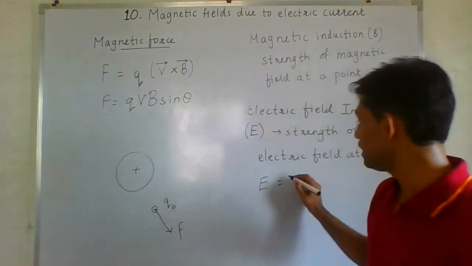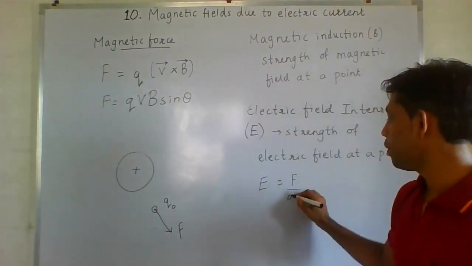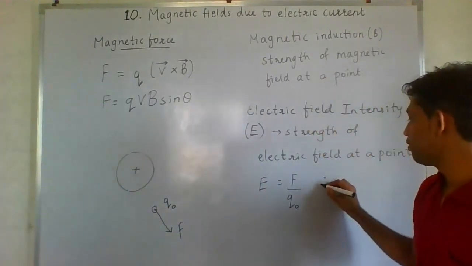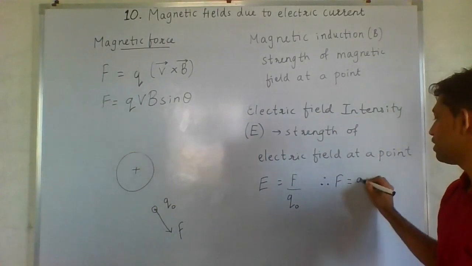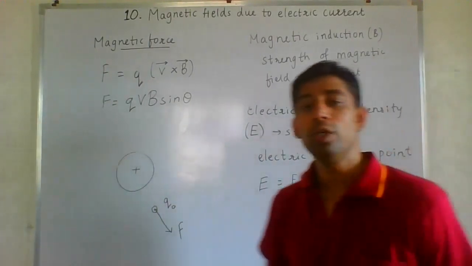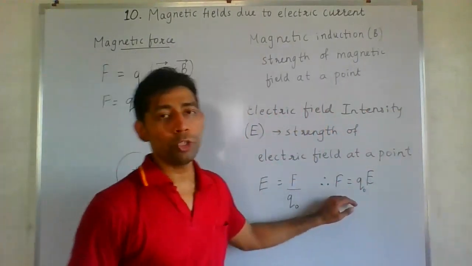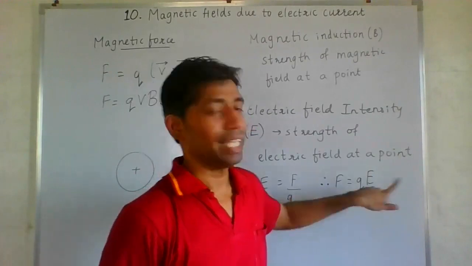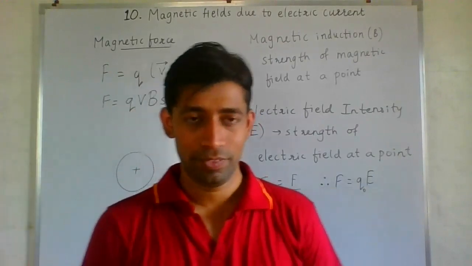So electric field intensity formula was F upon Q naught, if you remember electrostatics. So therefore F का फॉर्मूला क्या हो जाता है? F is equal to Q naught into E. So in short, force due to electric field can be given by charge into electric field intensity. Got this?